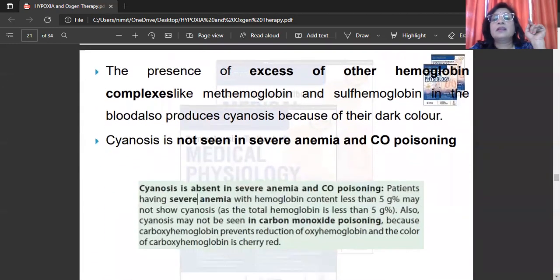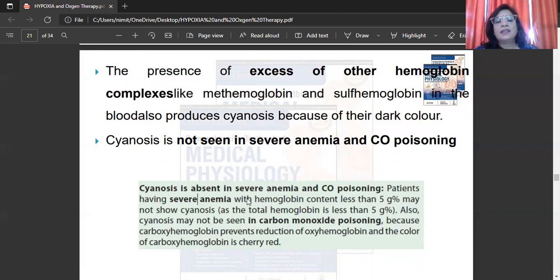Presence of excess of other hemoglobin complexes like methemoglobin and sulfohemoglobin. Cyanosis will not be seen in severe anemia and in carbon monoxide poisoning.